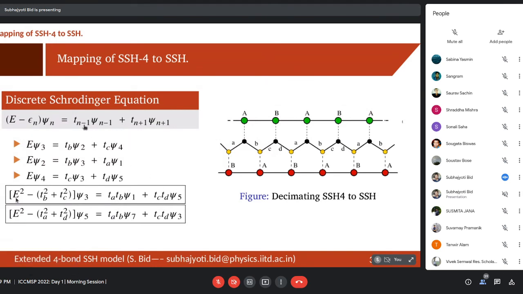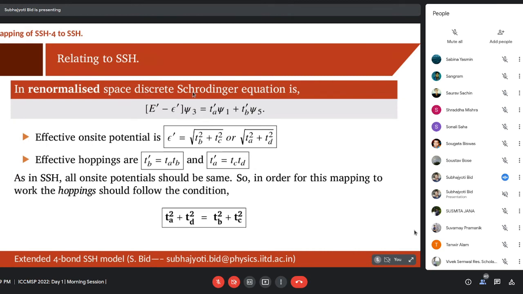And not only that, the on-site potentials were 0 as in SSH. But now in decimated space, the on-site potentials are not 0. They have been uplifted to a value of TB square plus TC square or TA square plus TD square. So if I compare it with the discrete Schrodinger equation in that energy squared space, I get effective on-site potentials as TB square plus TC square or TA square plus TD square, and the effective hoppings are TATB and TCTD.